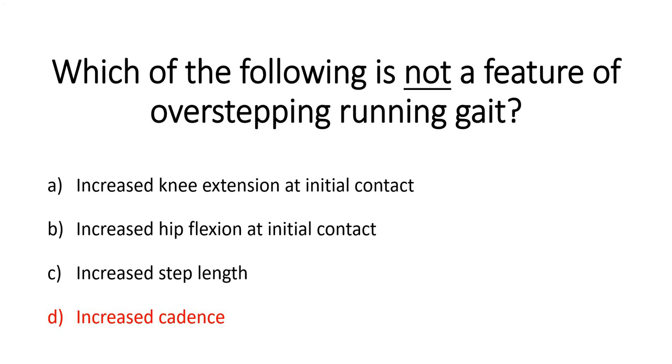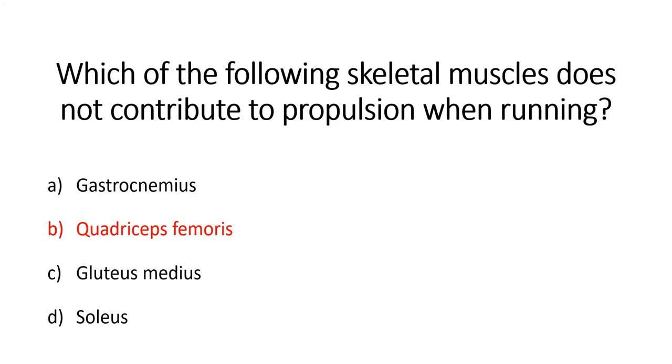Okay, the next one I think is going to also cause some rage. Which of the following skeletal muscles does not contribute to propulsion when running? And I want to clarify this is based on the most recent research. From the answers A, gastrocnemius, B, quadriceps, C, gluteus medius, D, soleus, the answer is the quadriceps, for the main reason that the quadriceps are throughout the entire stance phase more or less in a position of active insufficiency.